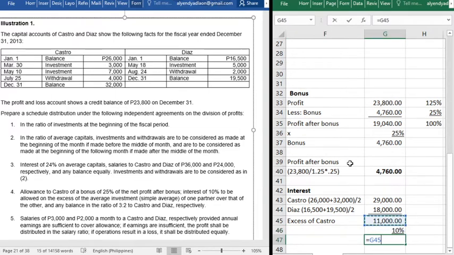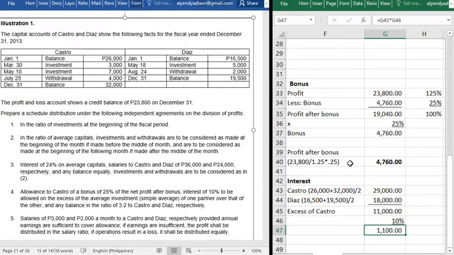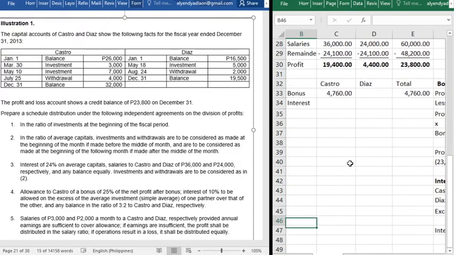So 11,000 times 10%, that is 1,100. So this is the interest to Castro. So only Castro will be given interest. So that is 1,100 to Castro, and no bonus and interest for Diaz.